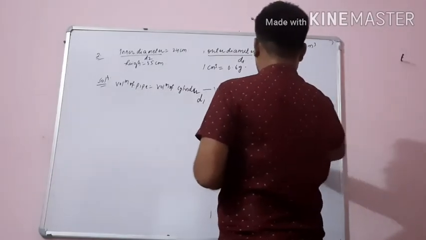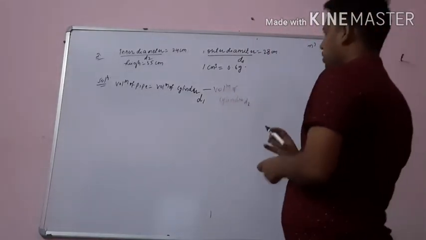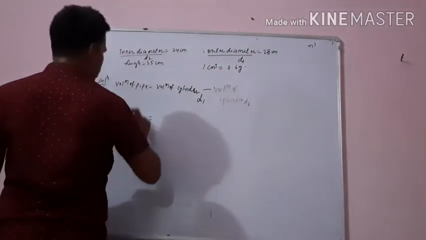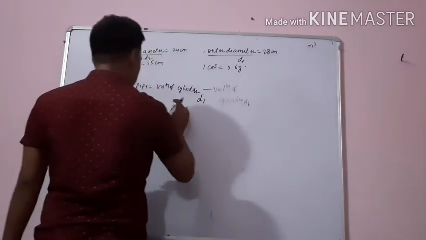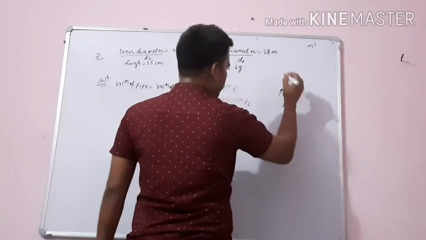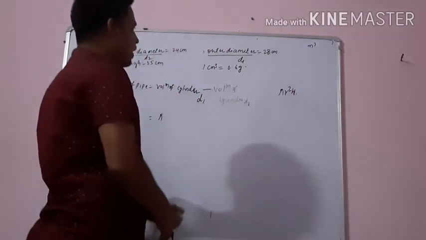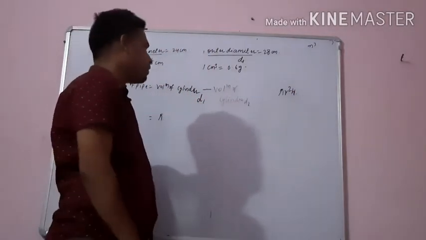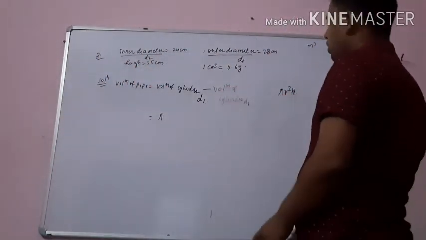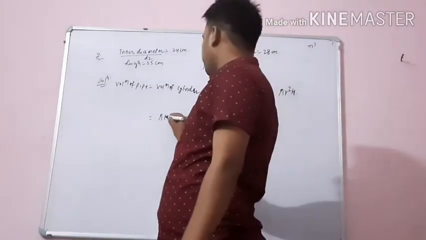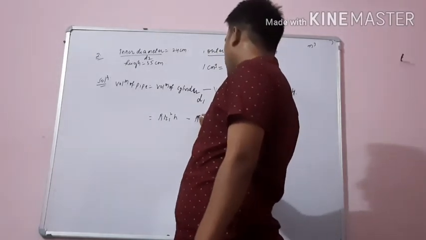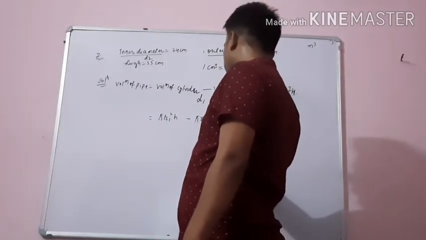Now we know that the volume of a cylinder is pi r square h. Here the height is the same, so we keep h, but the radius is different. So I am taking r1 for the outer radius: pi r1 square h minus pi r2 square h.